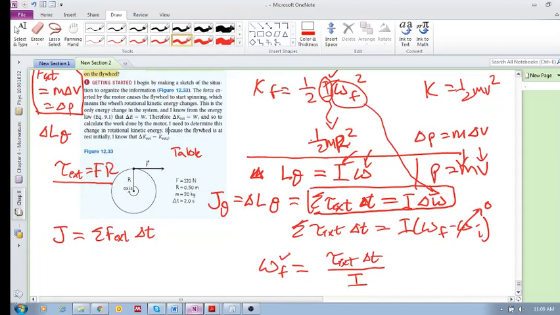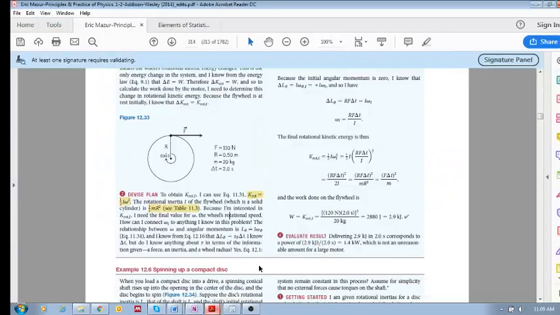So you find this, and you plug this back in there, and you also solve for half mr squared. And then you can find this. And then your work, the answer is just in the textbook. It's equal to 2.9 kilojoules. All right, cheers.